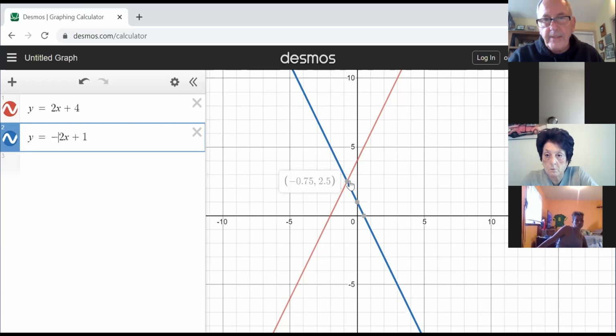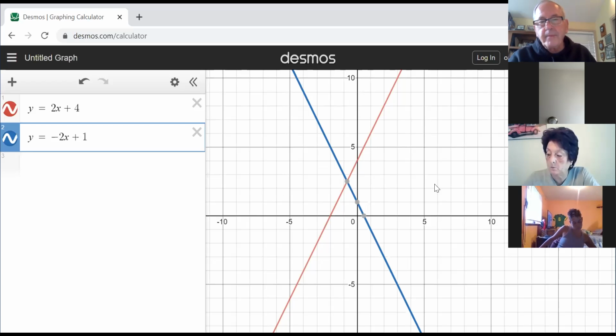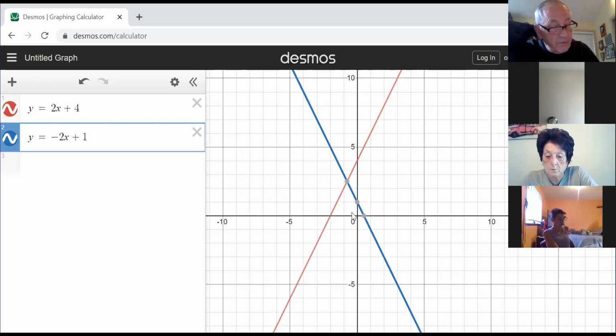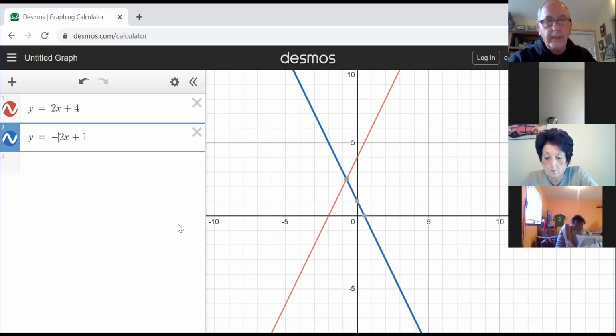That's what we mean by a solution to a system of linear equations. There is no solution if they're parallel lines. But in most cases, you'll have an intersection. These are two straight lines, and you use this in economics and all kinds of things. It's a practical thing you can use math for. Just understand that.